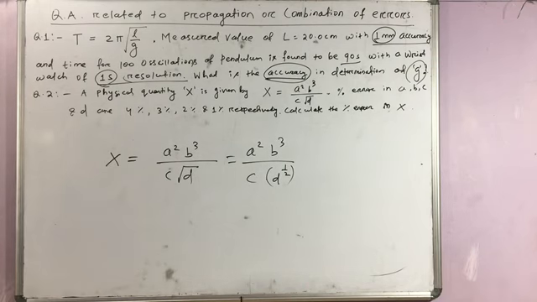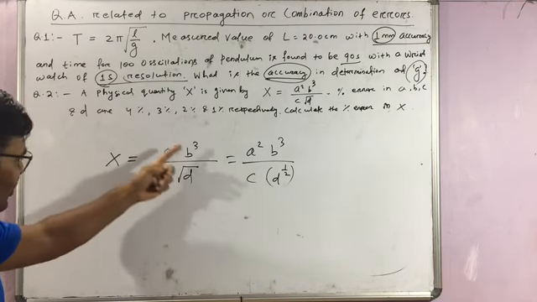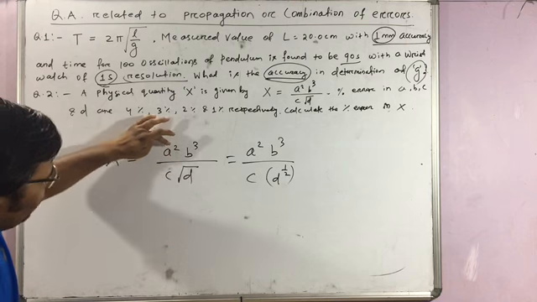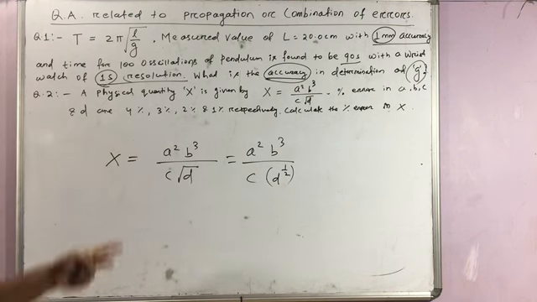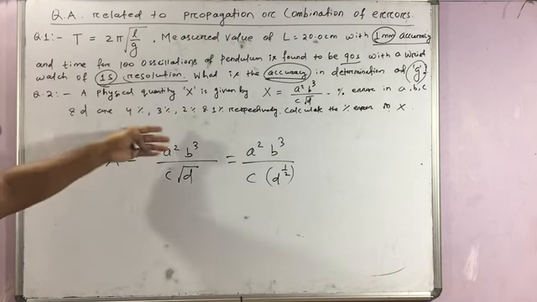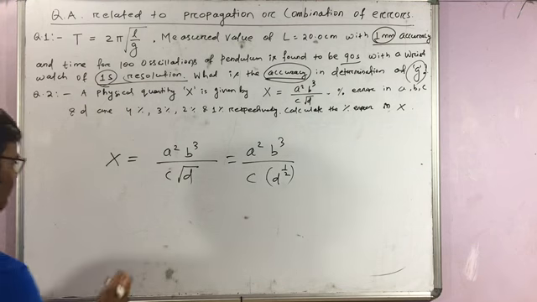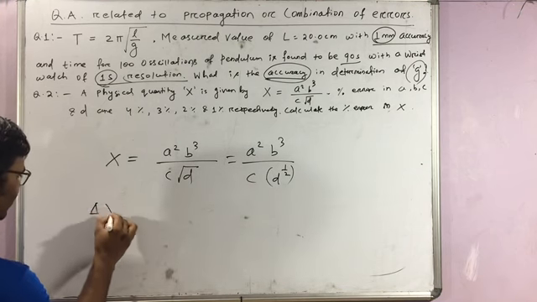The simple one, since it is a quotient formula and also all the physical quantities are raised to a power, we can apply the quotient formula along with the power formula. Now we can write the formula first.